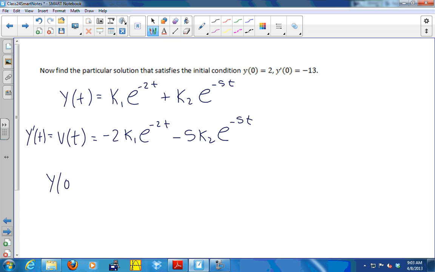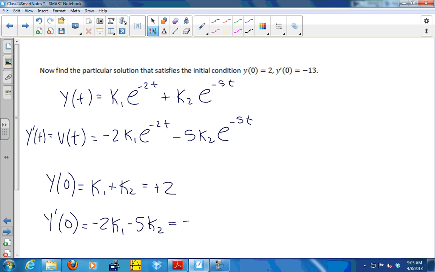y of 0 is going to give me k1 plus k2. And they told me that's supposed to be +2. And y prime of 0, which is v of 0, is -2 k1 minus 5 k2 is -13.